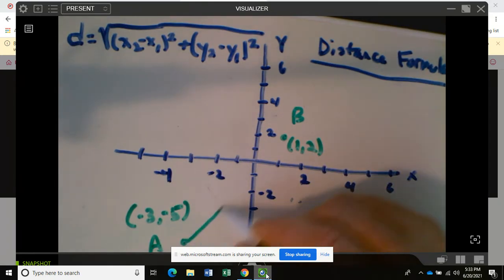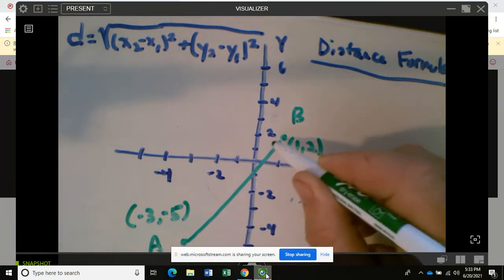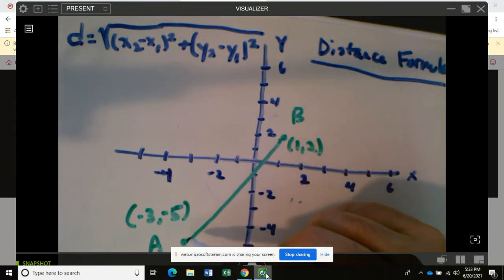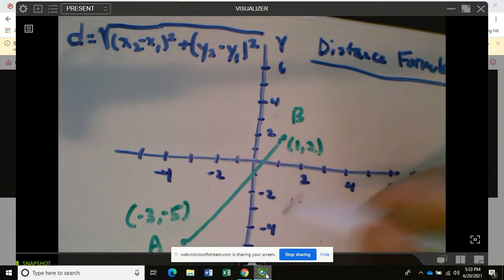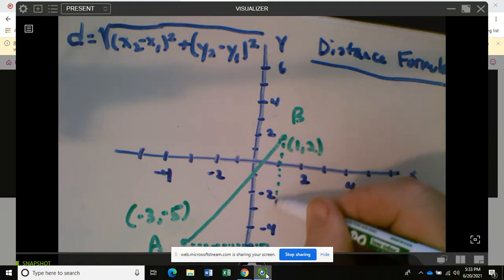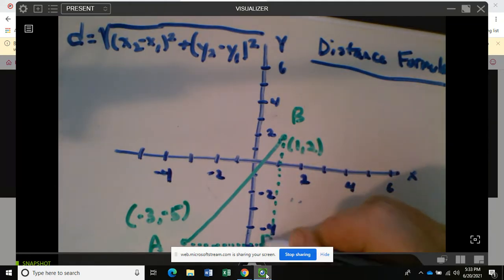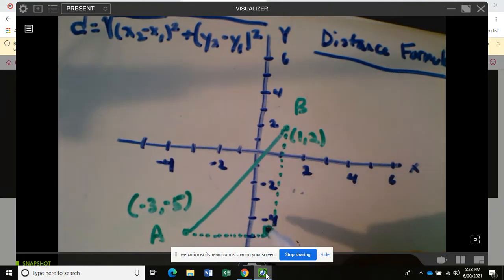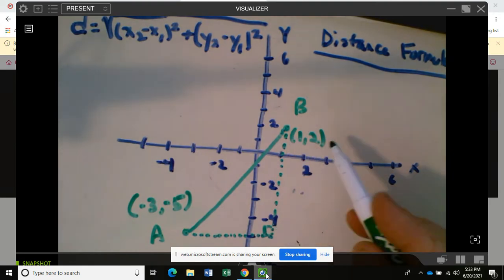So if we were to connect these two with a straight line segment, we want to find the distance of this segment between point A and B. Maybe you've learned this, maybe you haven't, but what you're doing in the distance formula is using the Pythagorean theorem. We actually have a right triangle, and one side of the right triangle is the difference between y2 and y1.